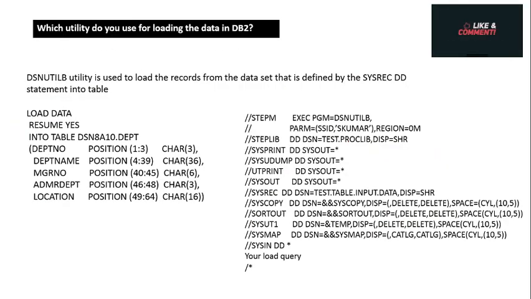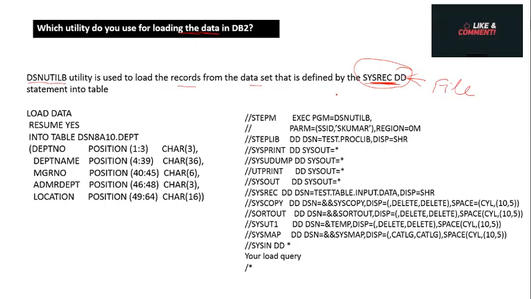Now next question is, which utility do you use for loading data into DB2? We use the DSNUTILB utility to load records from a data set into a table. Whatever data we need to load, we need to give our file name.